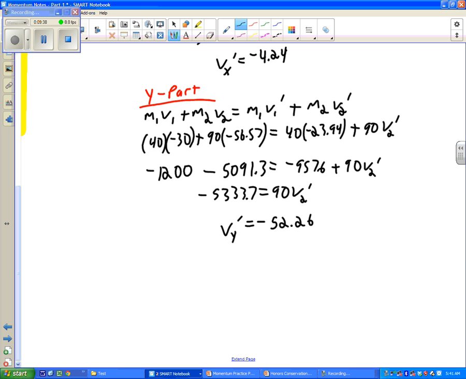So now I have the answer in the x direction. I have the answer in the y direction. And just like we did for those other problems, I'm going to use the Pythagorean theorem. So a squared plus b squared equals c squared.